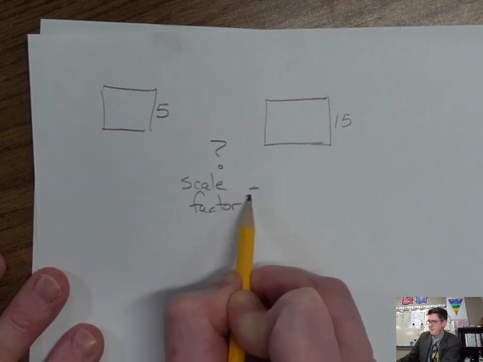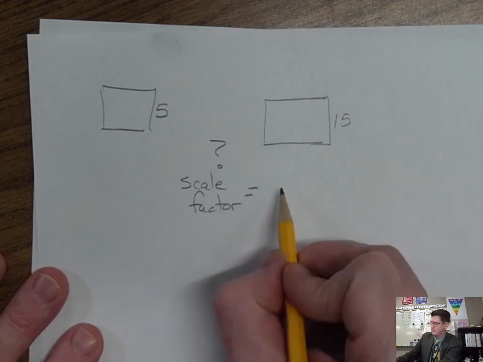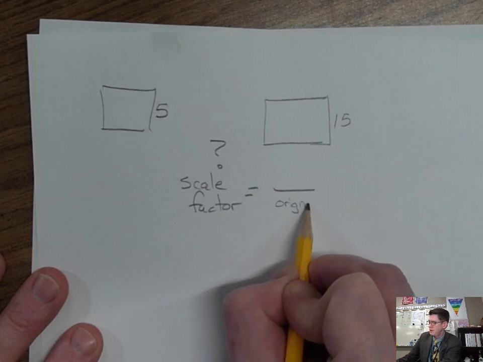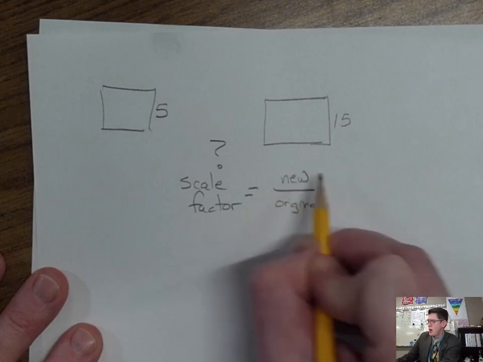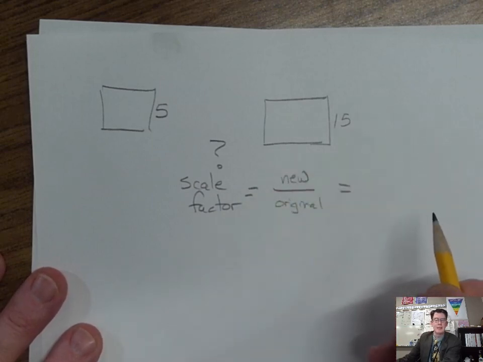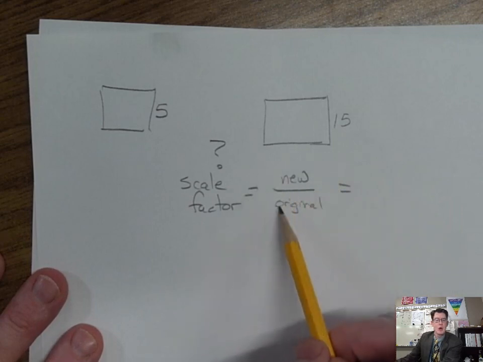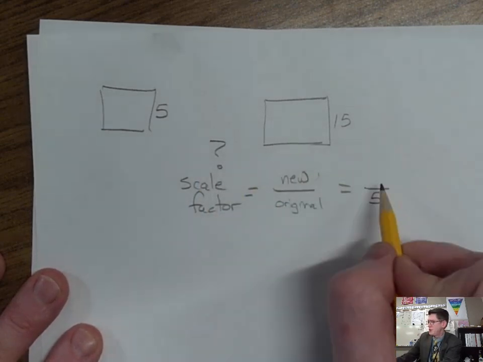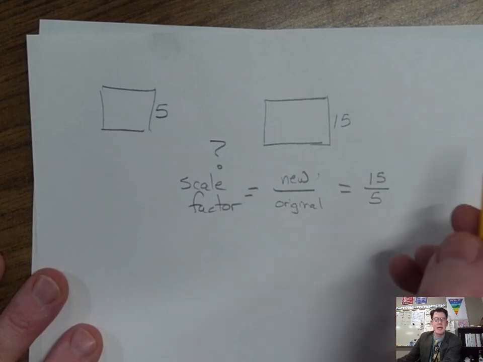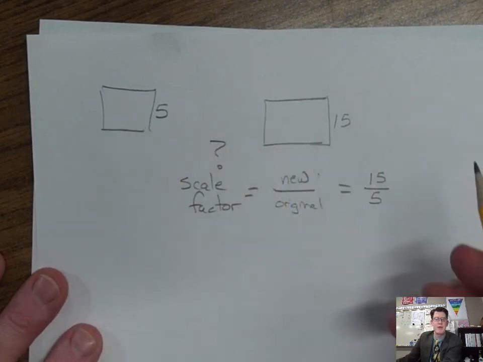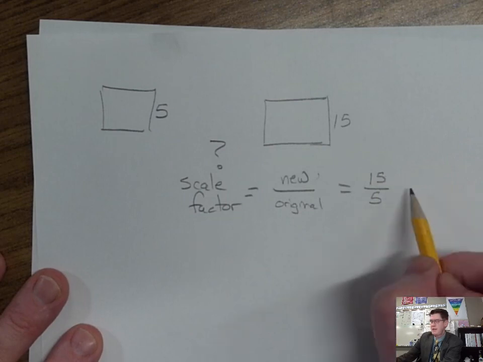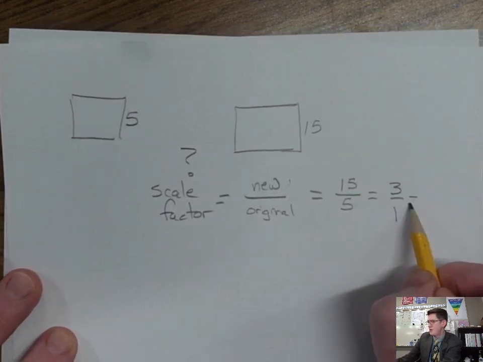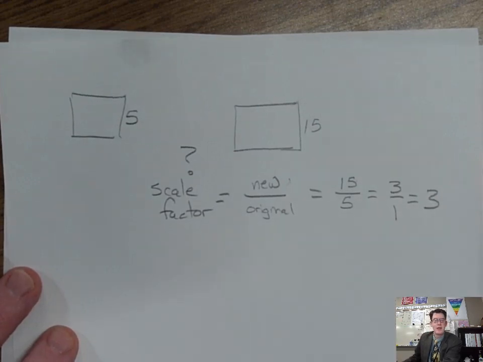The scale factor is simply whatever the original number, that's the denominator, the original amount, and then you put the new item on top, the new measurement. So let's see, the original amount is 5, and it goes to 15. You can already see this, but that's why I did it this way. So you can say, well, all we did was times by 3. Yes, 15 divided by 5 is 3 to 1. Or you could say a 3 to 1 factor, or you could say 3.